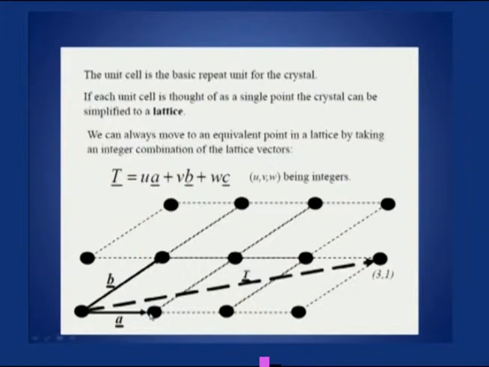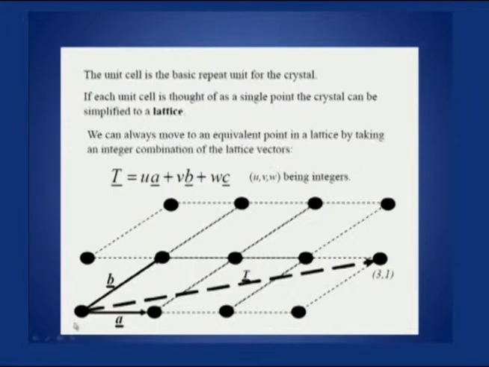They are the primitive translation vectors. By translating A, B, C n1 times or n2 times, or in 2 dimensional space, you have got for example 3, 1. What is 3, 1? I have moved from this point 1 times A, 2 times A, 3 times A, okay. This is 3A. T is equal to what? 3 times A plus 1 times B.